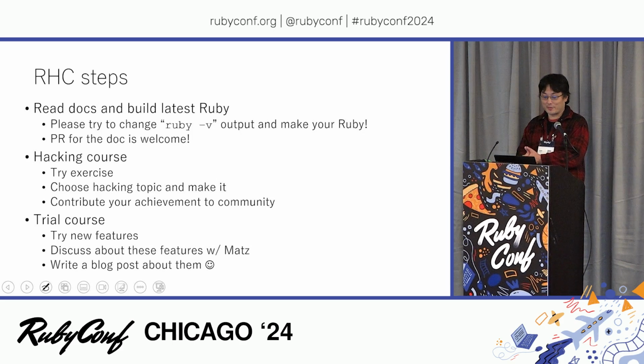We have some steps, and we prepared the documents. You already know the website about the Ruby Hack Challenge, and you can read every document. The first exercise is to change the version string. ruby -v shows the Ruby version string, so you can modify anything you want.